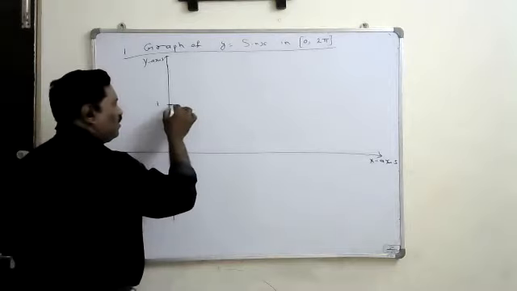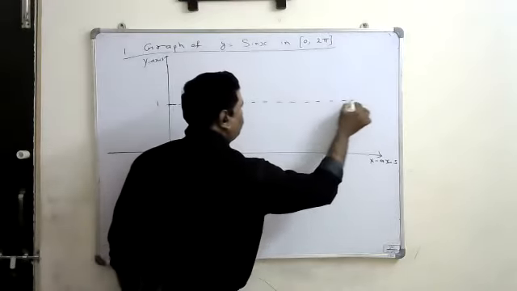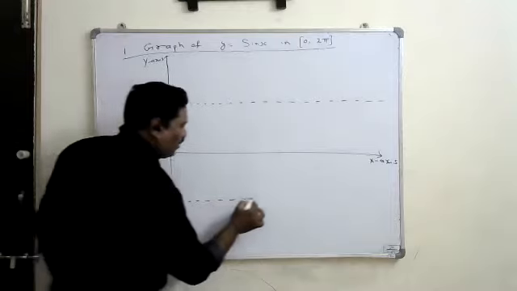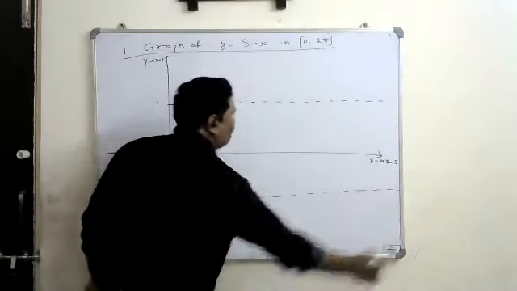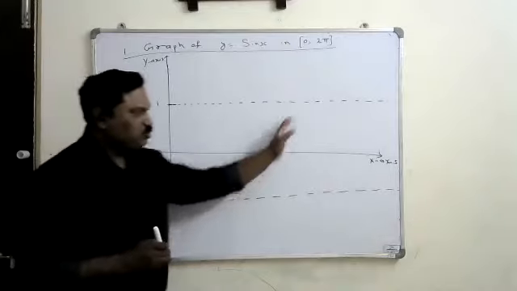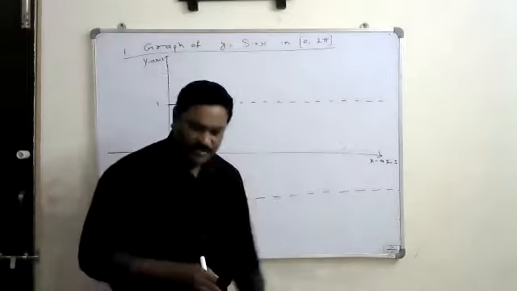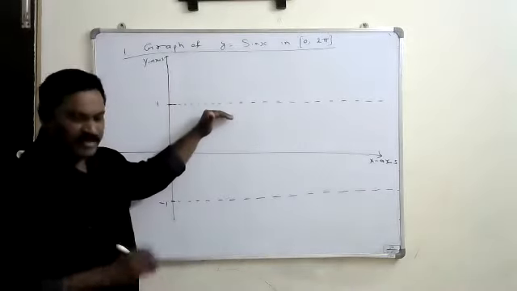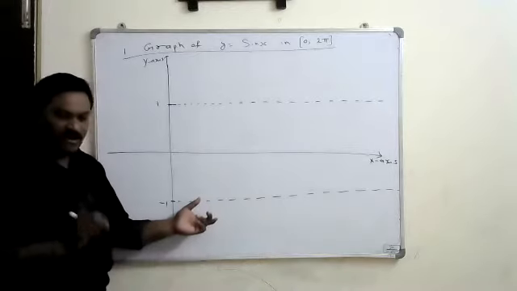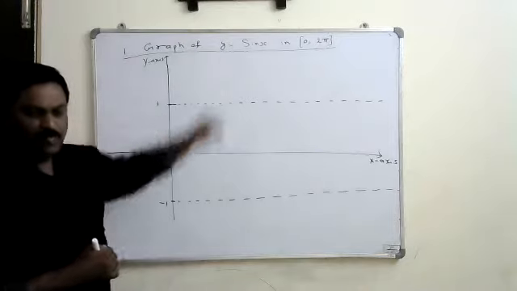That's why at 1 draw a dotted horizontal line, and at -1 also draw a dotted horizontal line, meaning the graph of sine is going to oscillate in between these two lines only. Sine will never go more than 1 and never go less than -1.